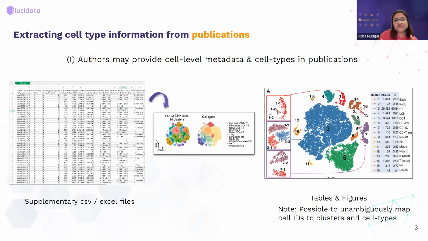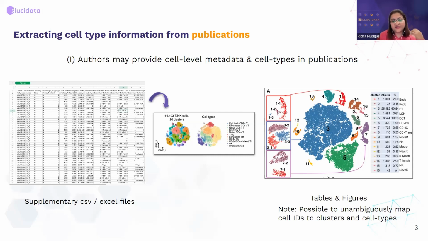Such information, when available, is easy to replicate and add to our curated data sets. Sometimes there is an indirect way of finding information, but nonetheless they make it available in tables and figures.